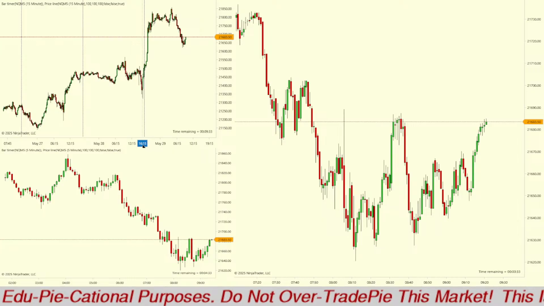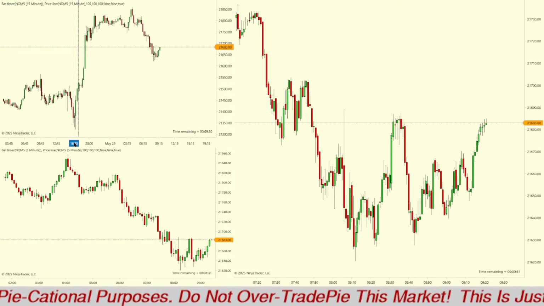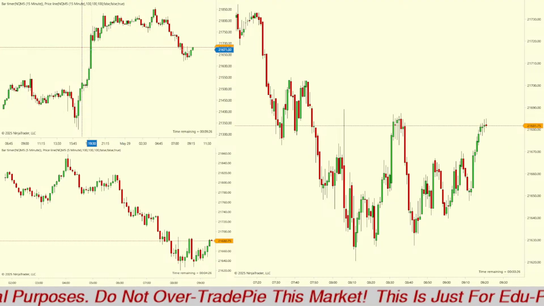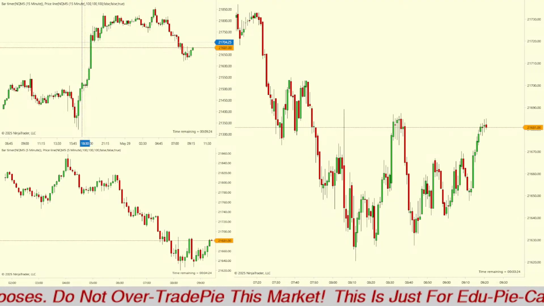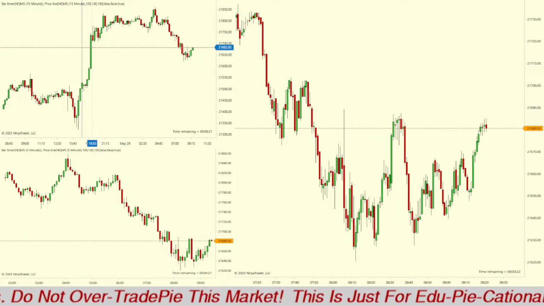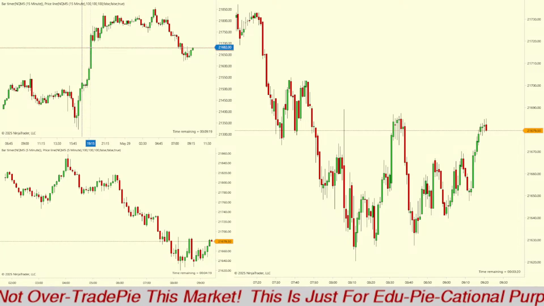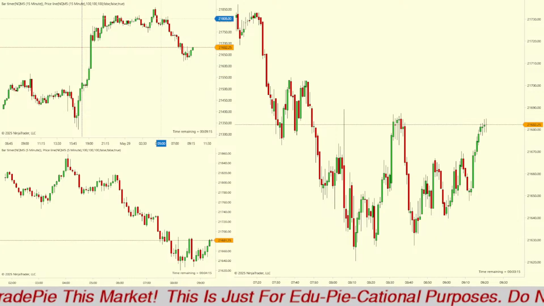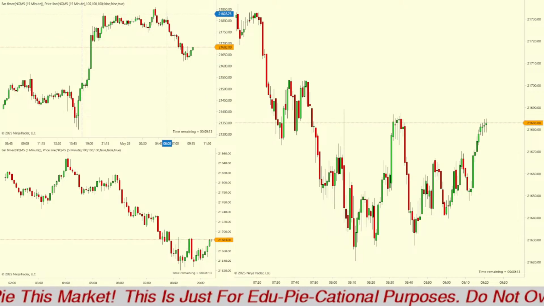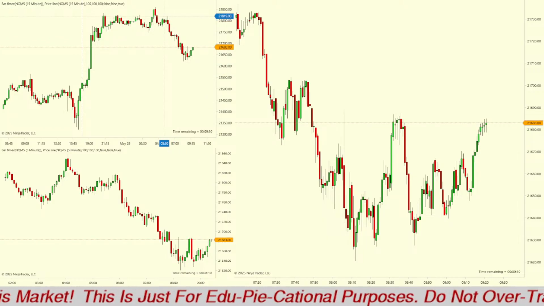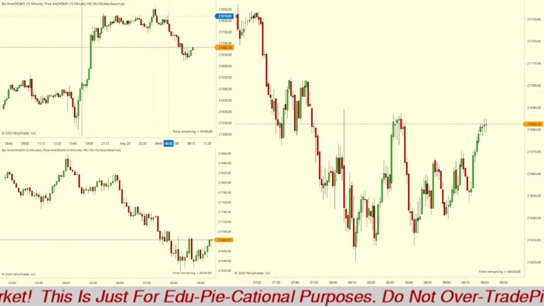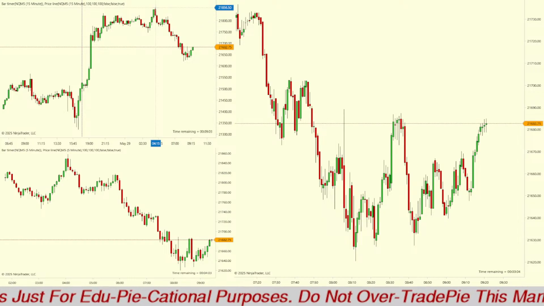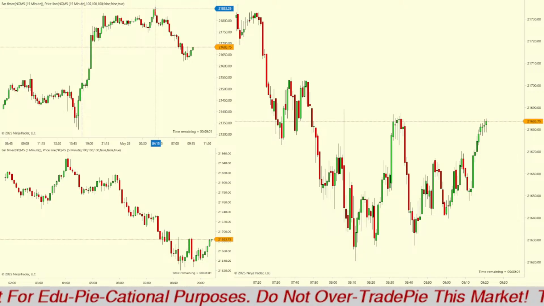The pertinent level that I care about is that we traded inside this buy side imbalance, sell side inefficiency that happened in the Asian session for today's trading session, and we created relative equal highs, these three candles, and we have the daily high that is formed in London at 4:15.